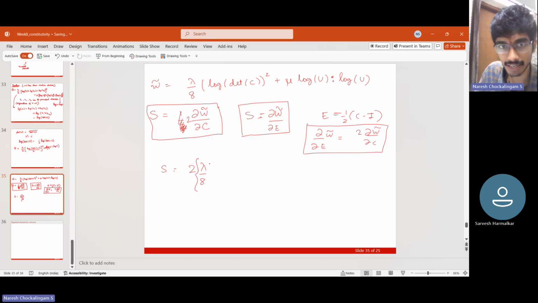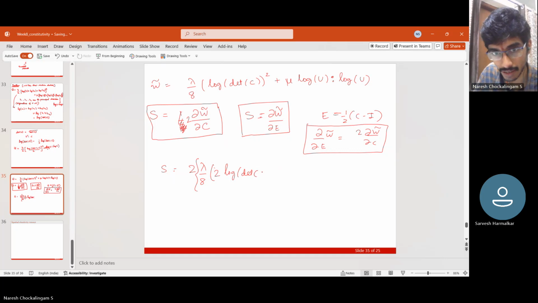Lambda is a constant, so we have to differentiate this. This results in 2 times log of determinant of C. Use the chain rule. Sorry, this is a scalar.